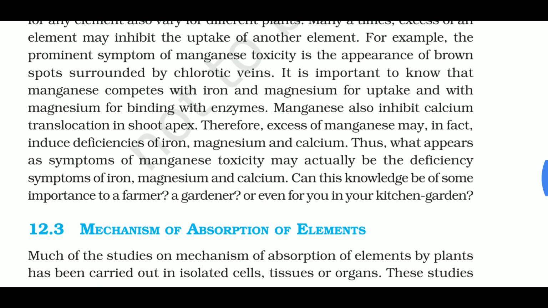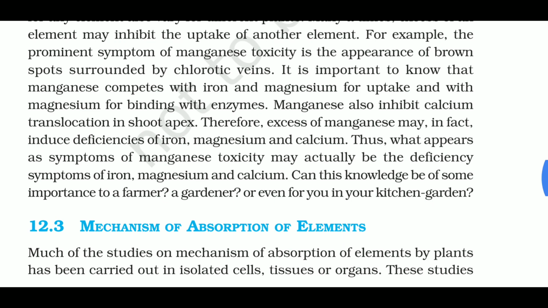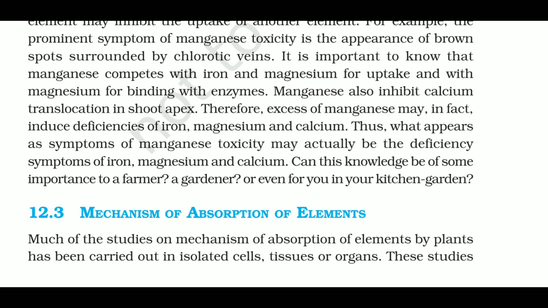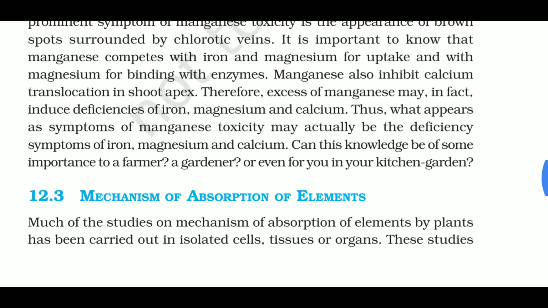For example, the prominent symptom of manganese toxicity is the appearance of brown spots surrounded by chlorotic veins, meaning white veins. It is important to know that manganese competes with iron and magnesium for uptake, and with magnesium for binding with enzymes.